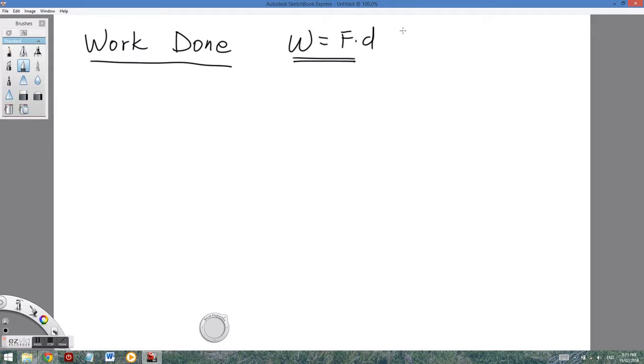Okay, so this formula only works if the force is constant, is unchanged. For example, if I have a dog, let me use a dog.